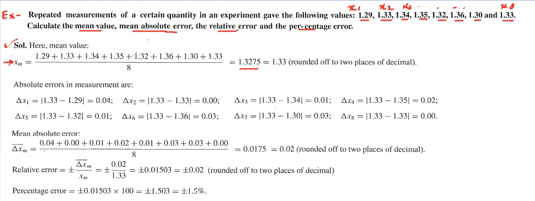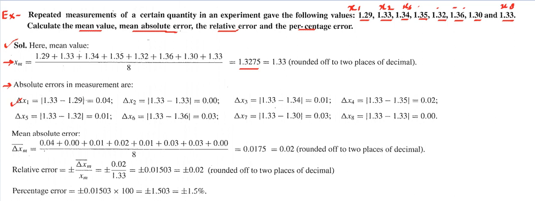Then it is asking about finding the mean absolute error. Before we find the mean absolute error, we need to find the absolute error. So the next thing we need to do is find the absolute errors in measurements. In the first measurement, the absolute error is written as delta x1. Delta x1 is going to be the mod of the mean value minus the first observed value.